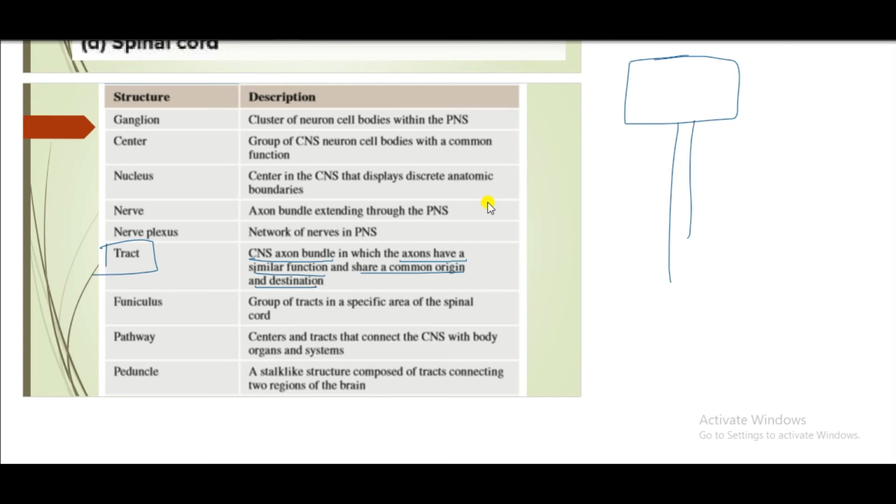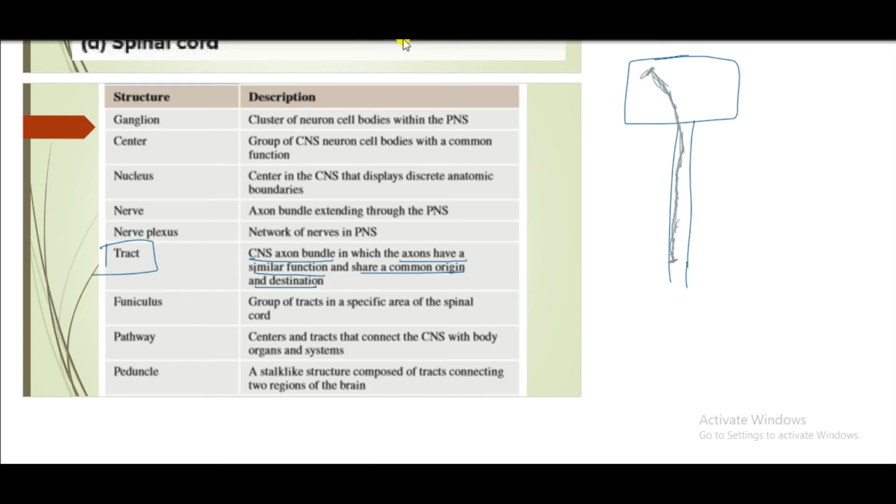Here is our brain and the spinal cord, you can see, and from the brain so many tracts are going to form, and each is a bundle of axons. You can see this in the white matter, a bundle of axons.